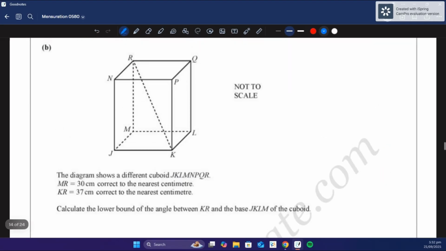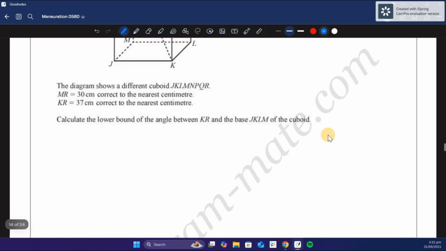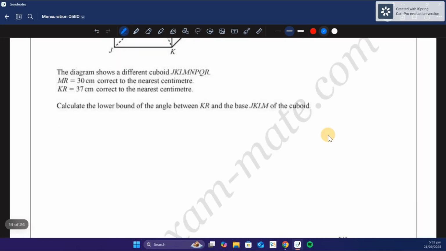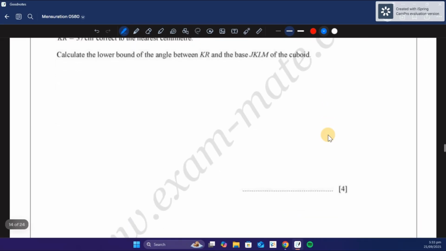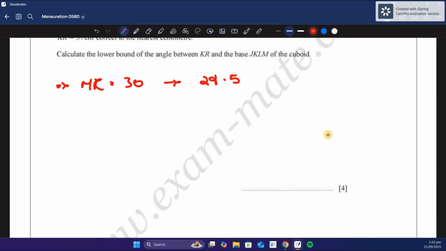Okay, perfect. Part B. The diagram shows a different cuboid. MR is equal to 30, KR is equal to 37. Calculate the lower bound of the angle between KR and the base JKLM of the cuboid. So we know MR is equal to 30 and the lower bound is 29.5.